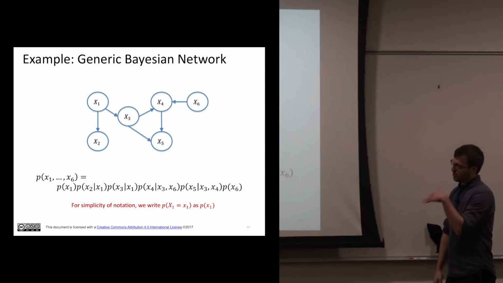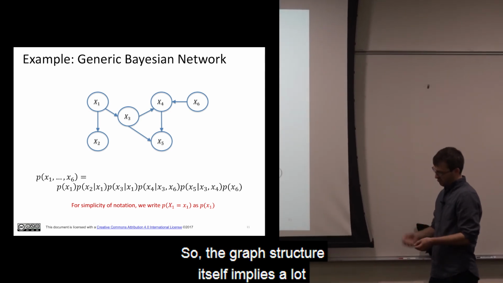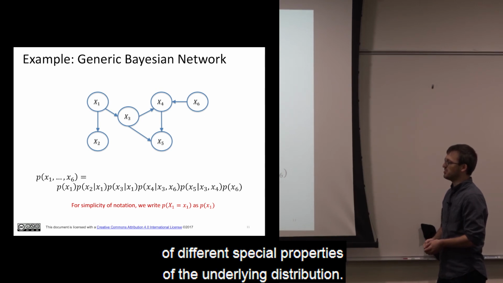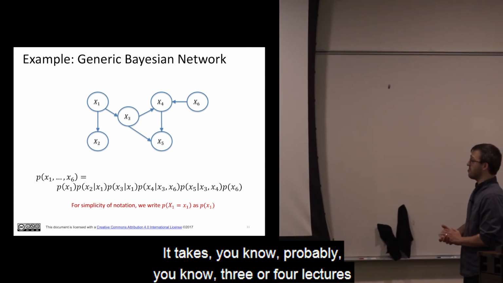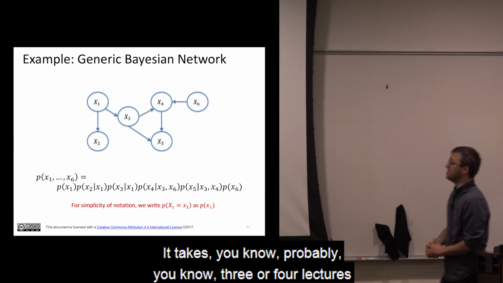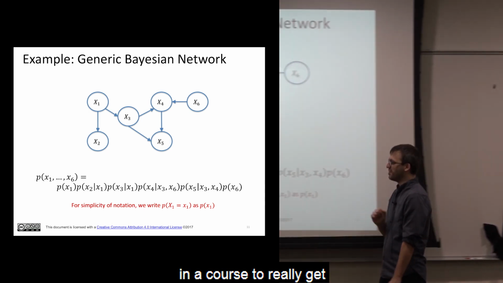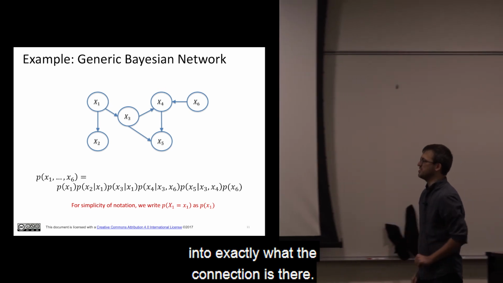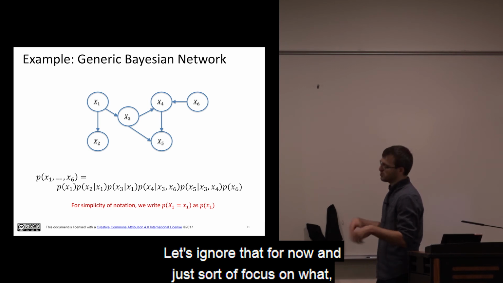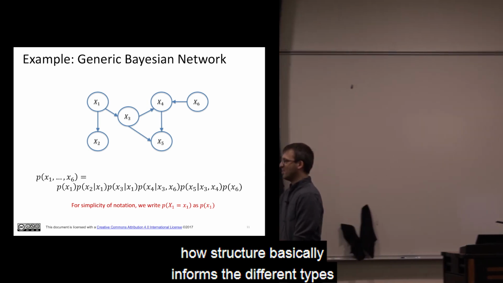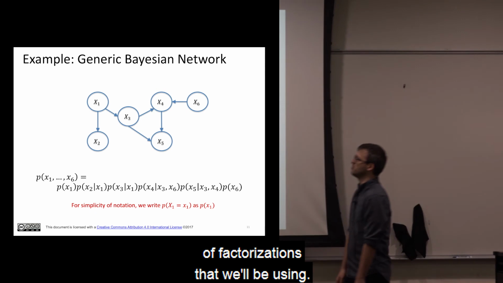So the graph structure itself implies a lot of different special properties of the underlying distribution. It takes probably 3 or 4 lectures in a course to really get into exactly what the connection is there. Let's ignore that for now and just focus on how structure basically informs the different types of factorizations that we'll be using.